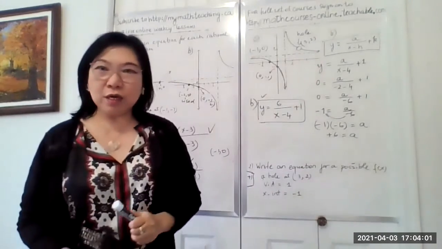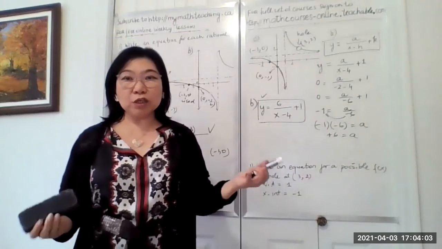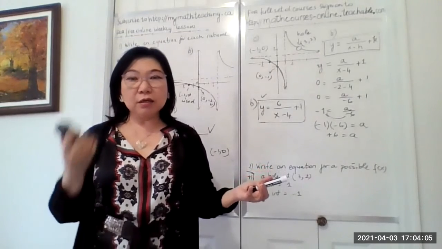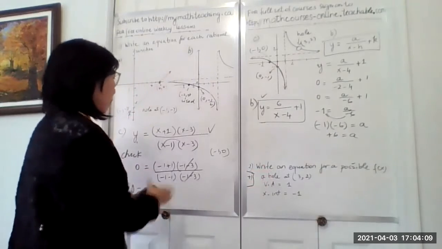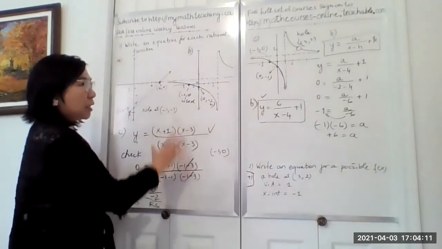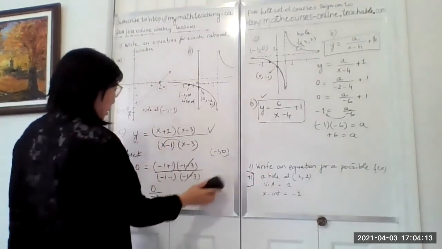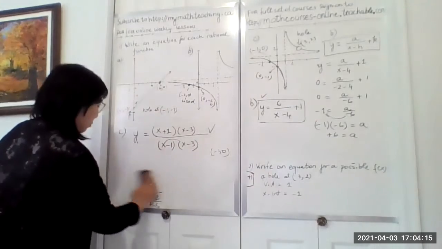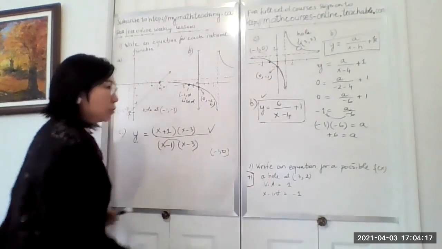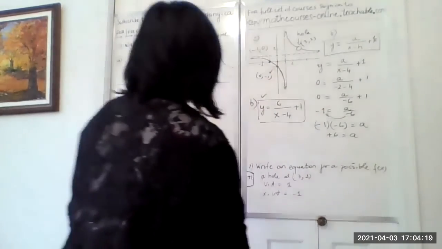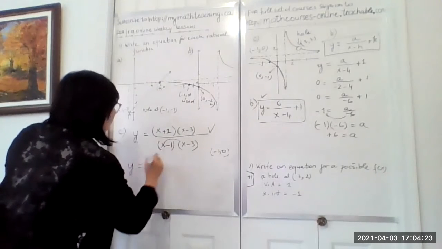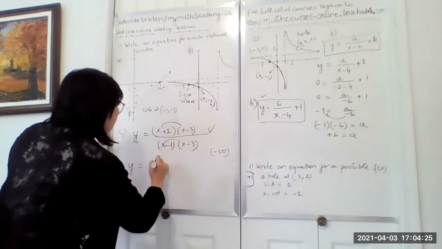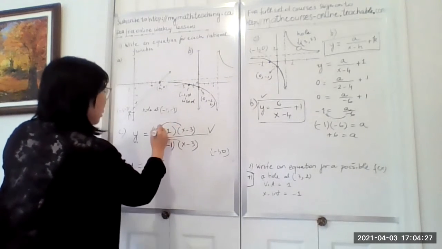So what am I going to do now? The question asks us to write the rational function, so we assume that we're not going to leave it factored like this. Everything has to be like the original, right? So let's multiply them through and write the equation. The equation will be y equals x times x is x squared.